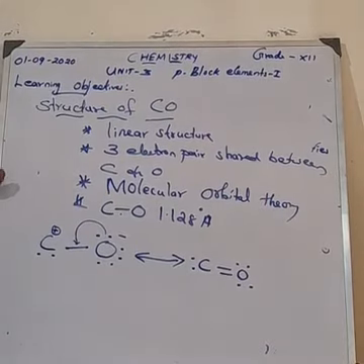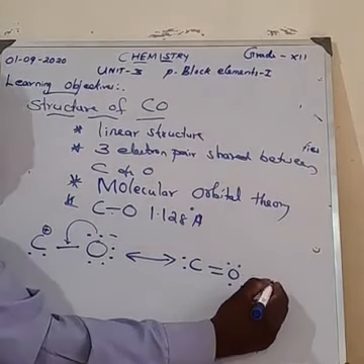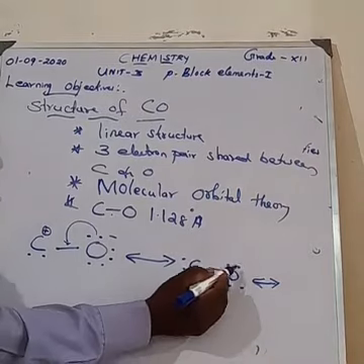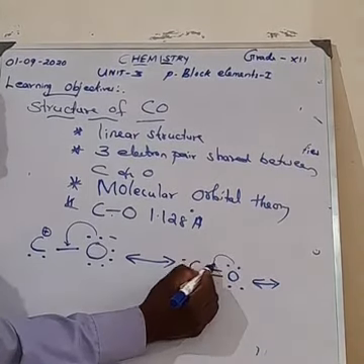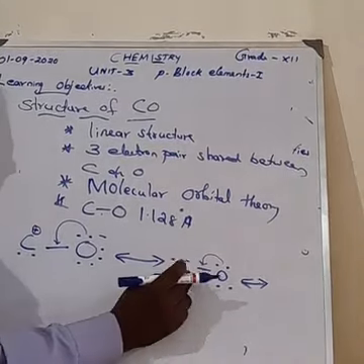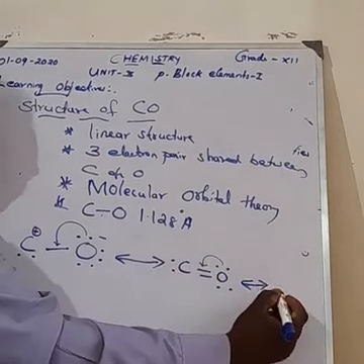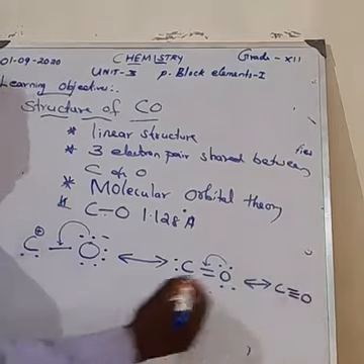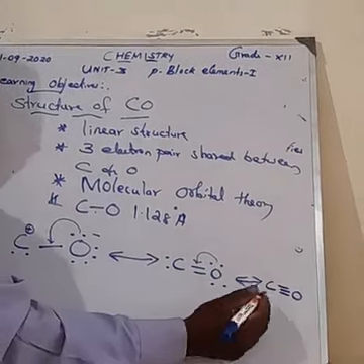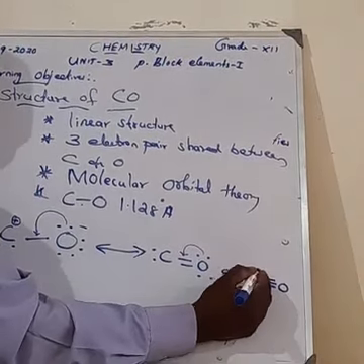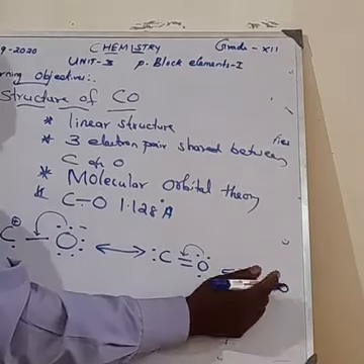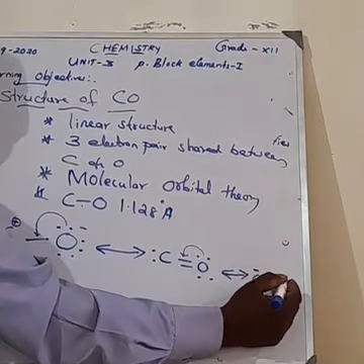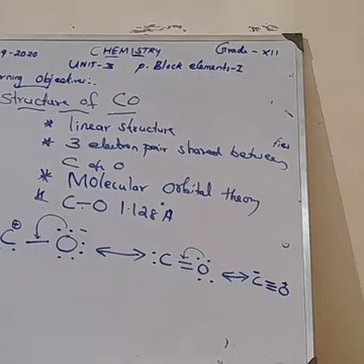Can you draw? Next one. This will be attached again here, so the double bond is converted into a triple bond. Carbon, triple bond, oxygen. Am I right? Here carbon gains an electron, so negative. Oxygen donates an electron, so positive. This is the structure.